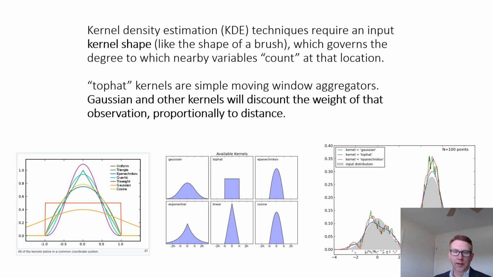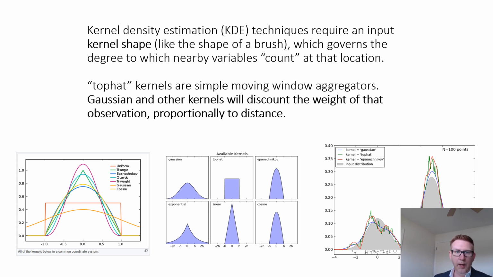Here it's given as h, but that could be whatever unit is appropriate to whatever you're modeling. Maybe we want to drop off until we reach 500 meters or 1 kilometer or 5 meters. Whatever suits your data, there's no fixed answer here. It really depends on the nature of the phenomena that you're trying to model.